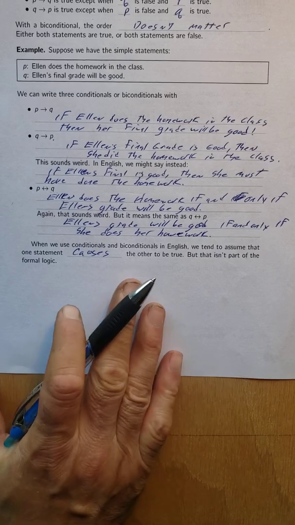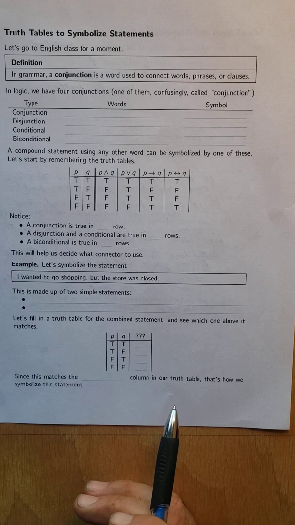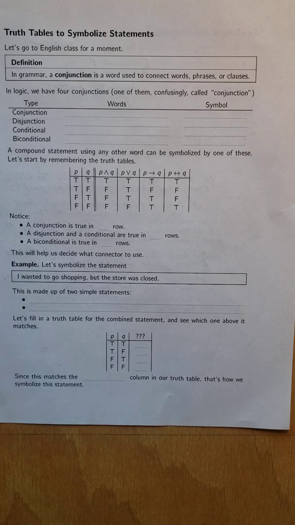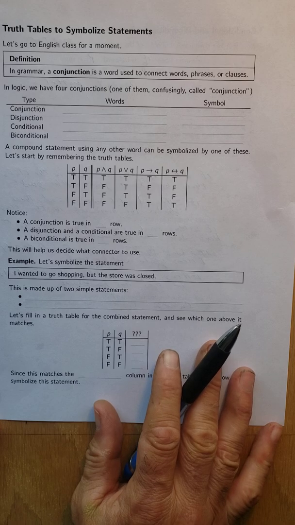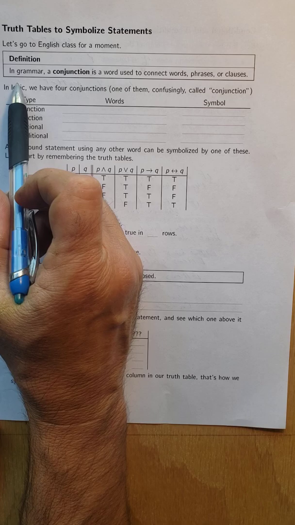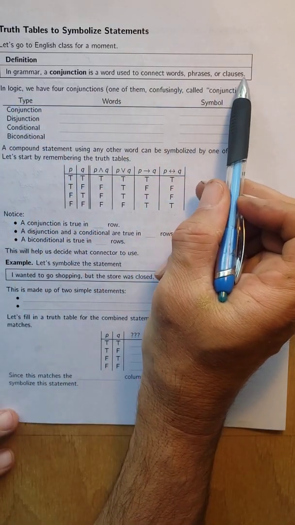All right. So how do we do truth tables? In grammar, a conjunction is a word that connects phrases and clauses.